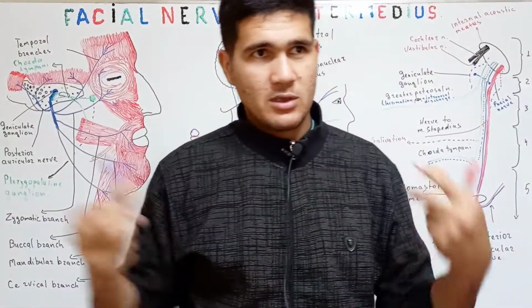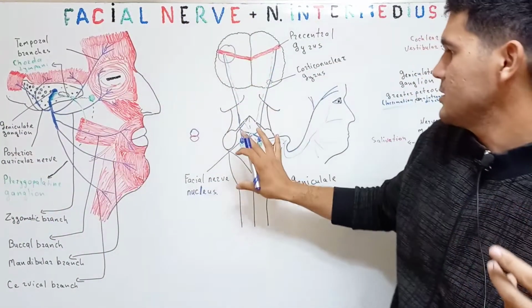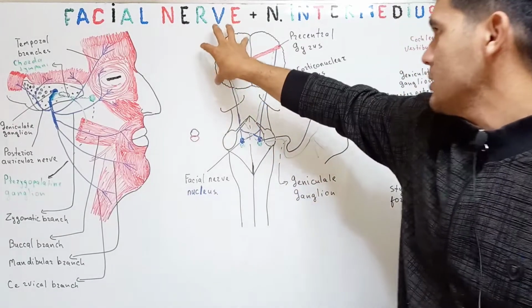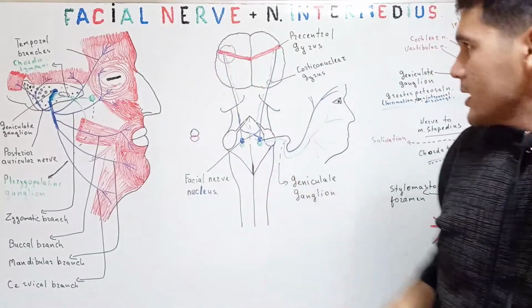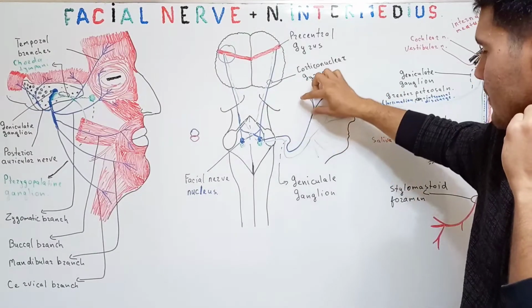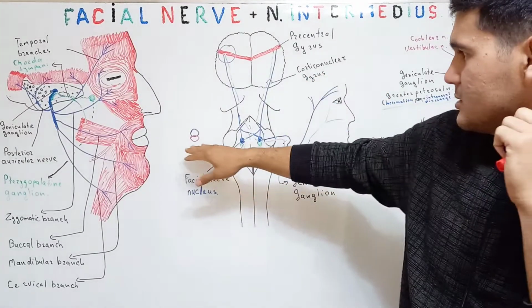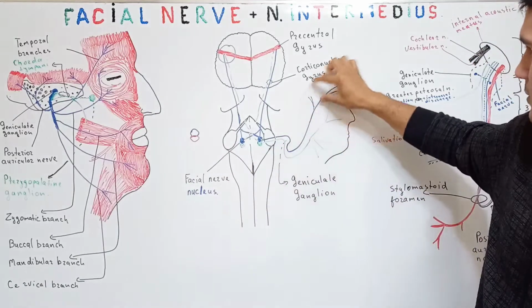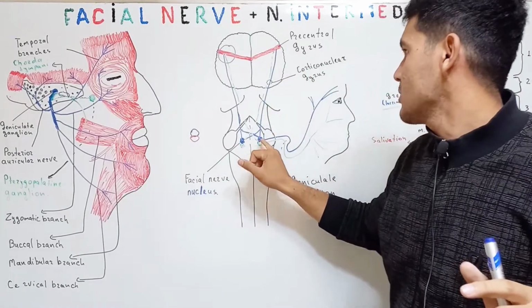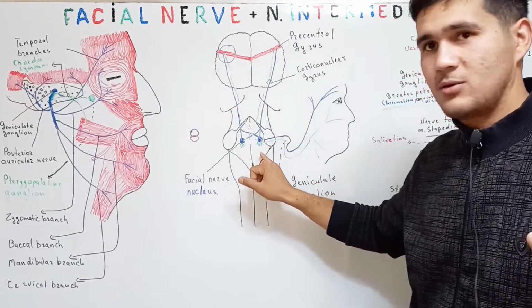And we should provide information about facial nerve dysfunction according to the lesion located in the hemispheres and the brainstem, or in the periphery. Okay, and if the lesion is located on the right side, we can see that there is no abnormality in the facial nerve that is responsible for innervating this part, because this nucleus receives impulses from this side also.